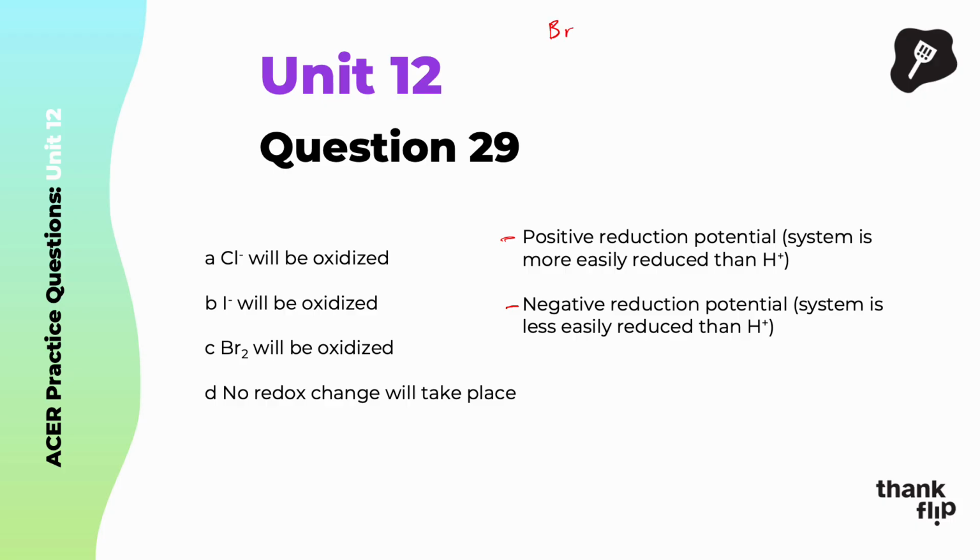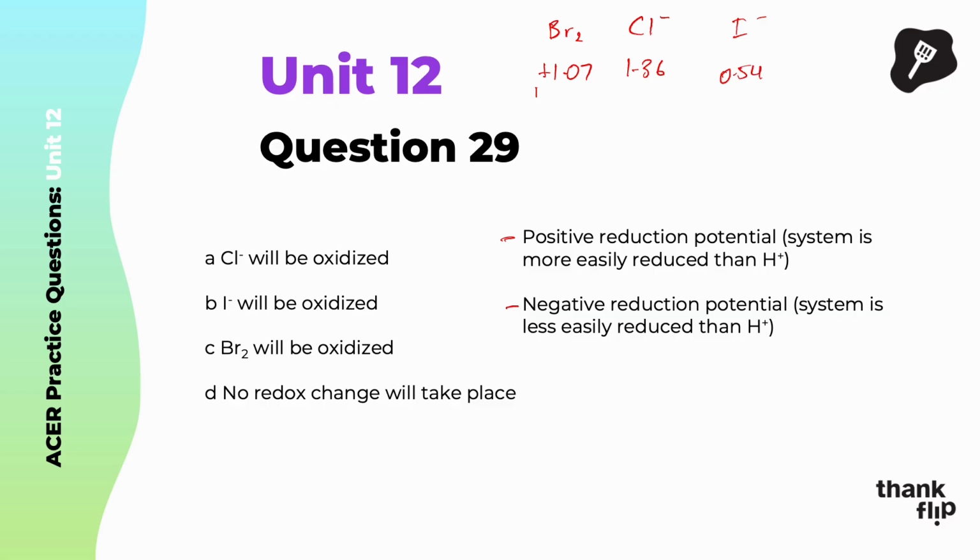So we have the question of what would happen if you add Br2 to a solution of Cl and I. Looking at the reduction potential table, we have 1.07 for Br2. Then we have 1.36 for chloride. Then we have 0.54 for iodine.